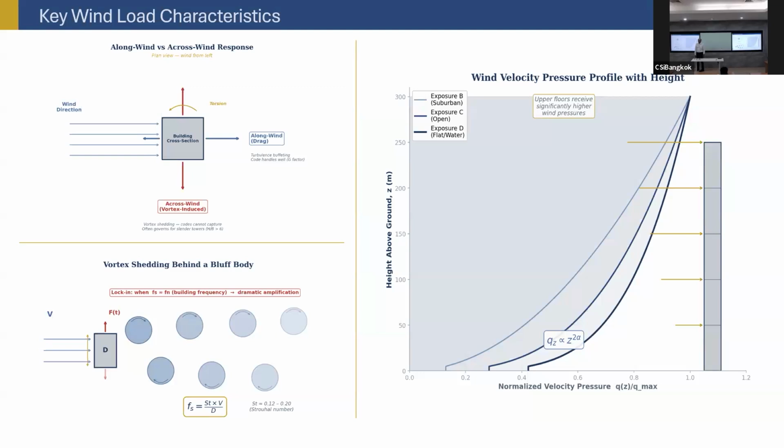So there are complications in terms of the direction along and across, number one, vortex shedding, number two, and then varying with height, number three. All of this combined together puts very irregular forces onto the building in all directions and height along. That means the building gets a lot of forces in different directions, different locations at the same time. So this is the reality of the wind.